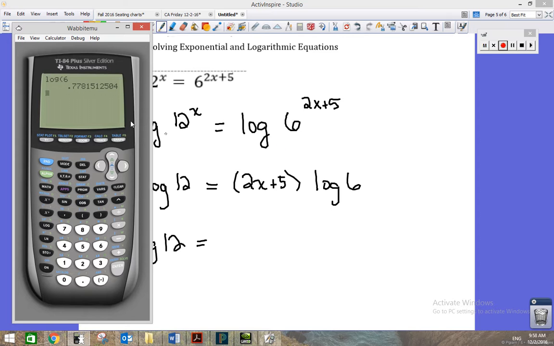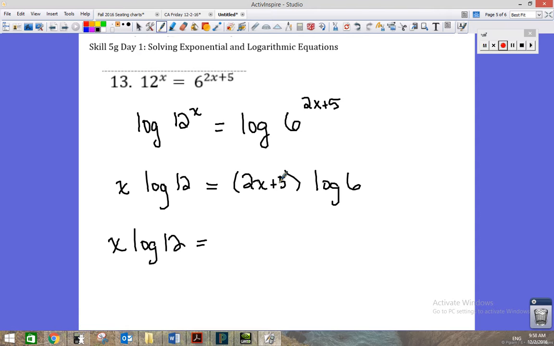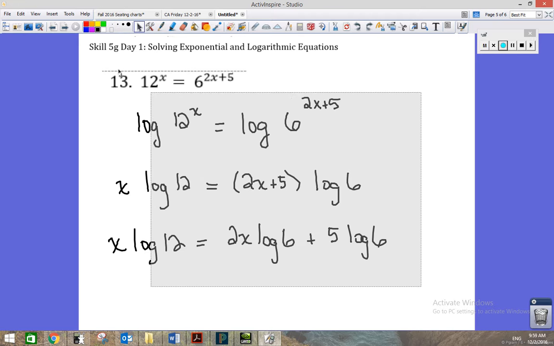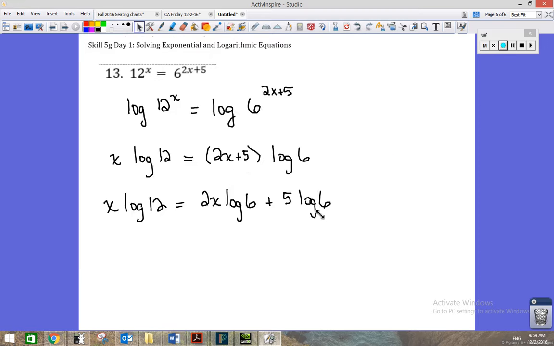So this guy is 0.7781512504. That's just an approximation. Log of 6 is exact. But both of these terms in this binomial get multiplied by this log of 6. So I want to get my variables on the same side of the equation and the constants on the other side.